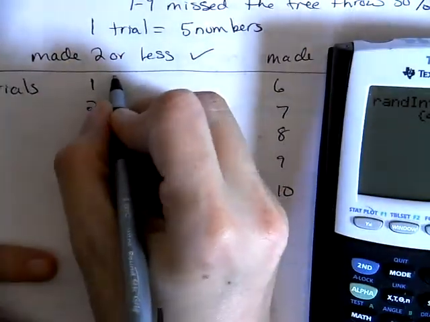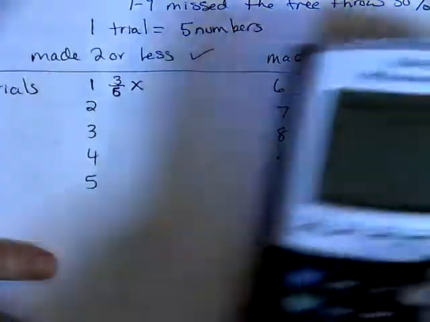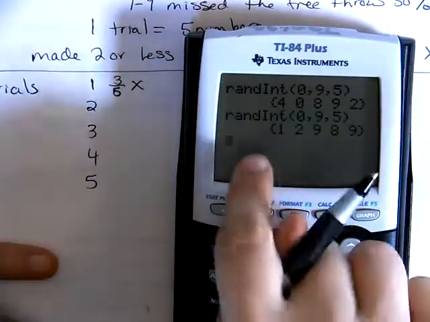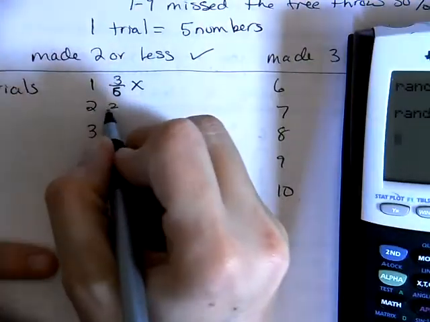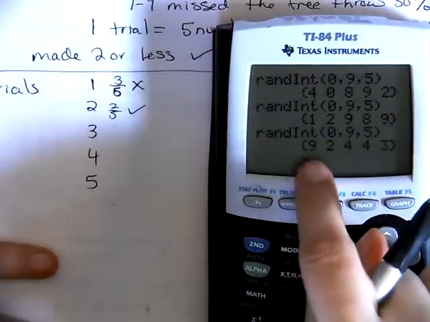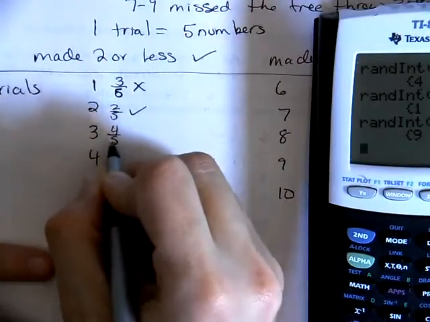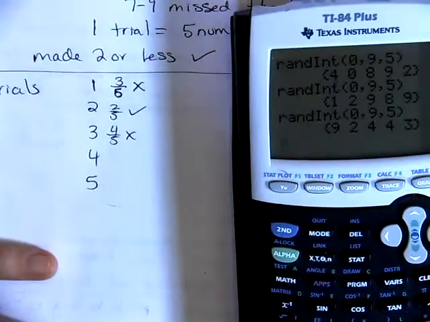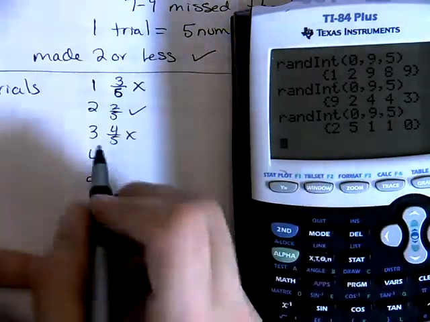So this first one, 3 out of 5, she made, so I'm going to put an X. Made, 2 out of 5. Put a check. Made, so 4 out of 5. X. Made, oh, she made all of them.